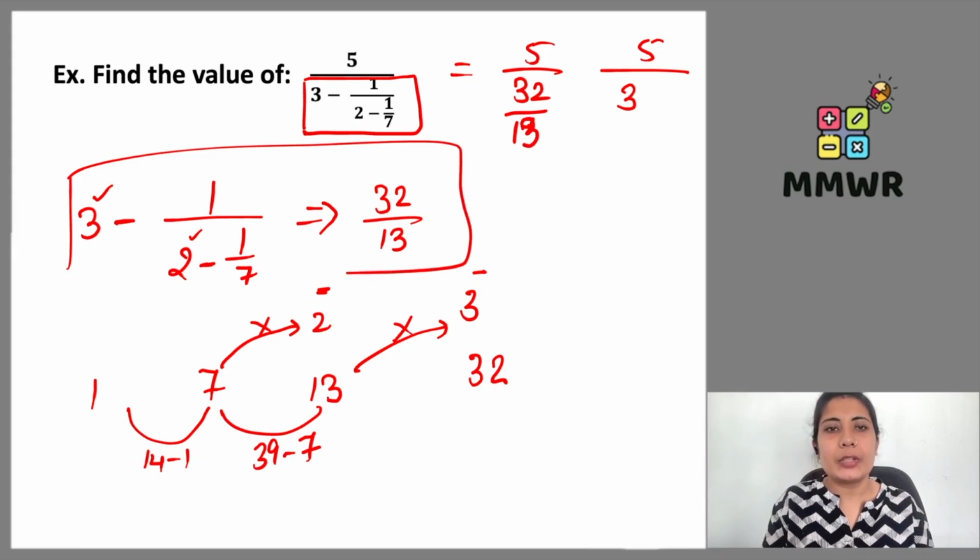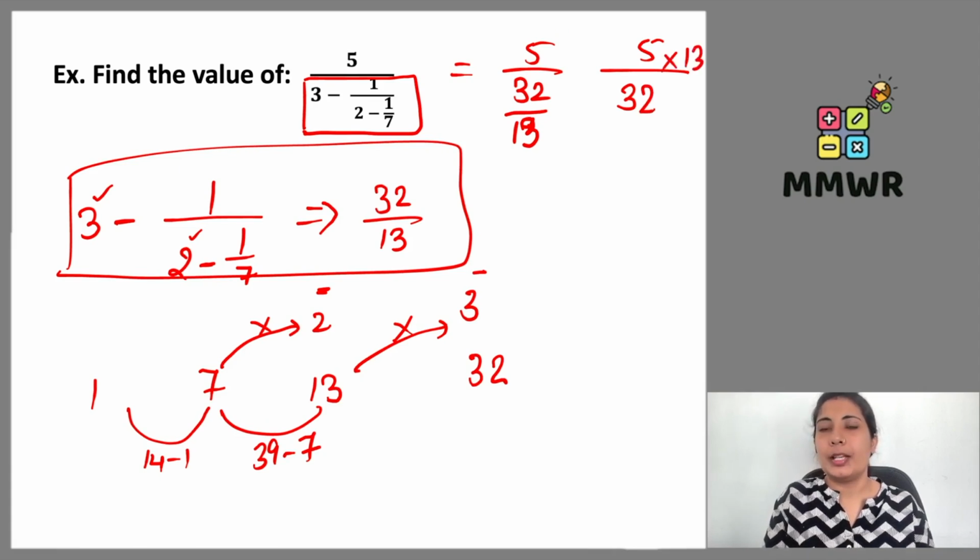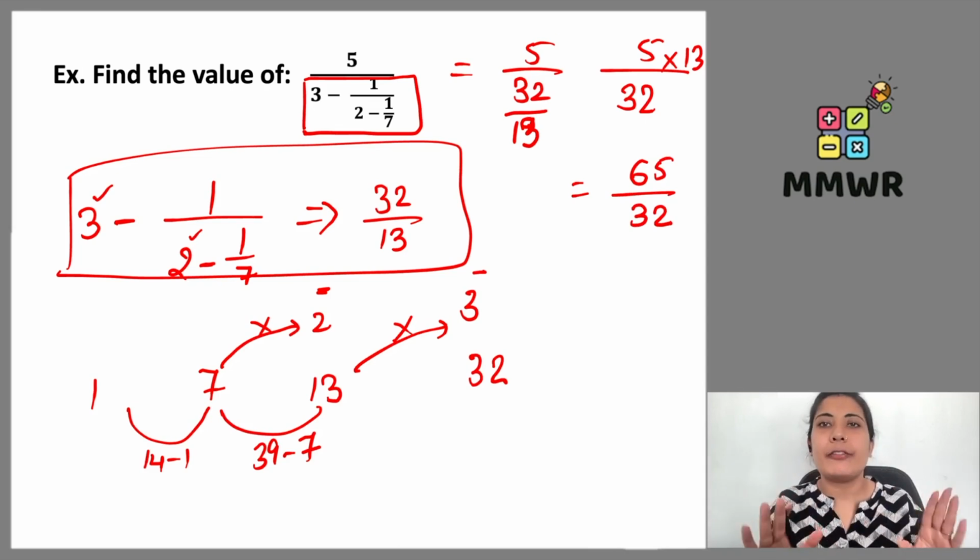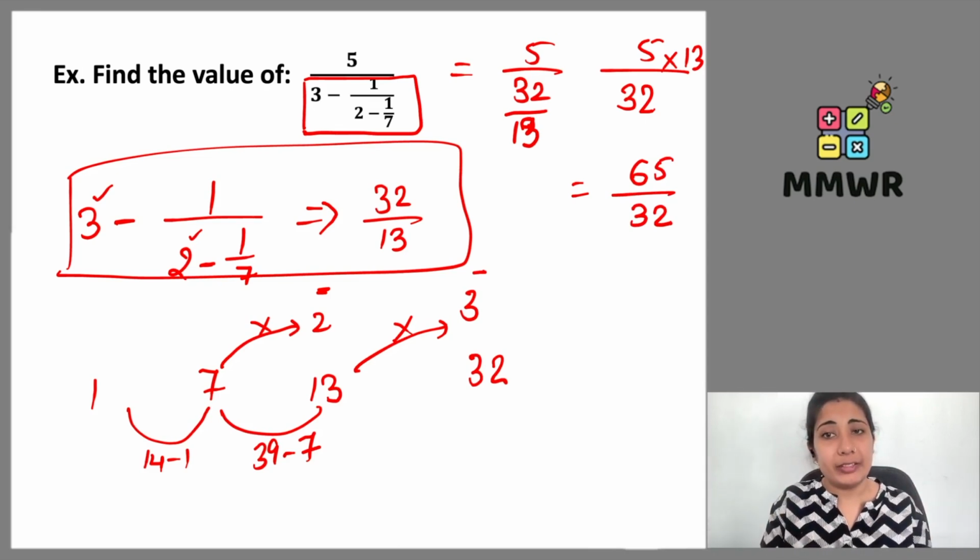After simplifying this, we got 32 upon 13, which I will be writing into the denominator of 5. So this 32 upon 13 will become 13 upon 32. With 5, 13 will be there, and in the denominator of 5, 32. So 13 fives are 65 upon 32. Further cutting short is not possible, so we'll keep it as it is. 5 multiplied by 13 is 65 upon 32. So 65 upon 32 is the final answer.